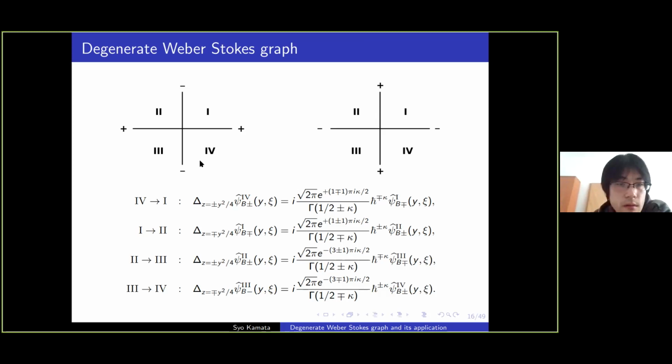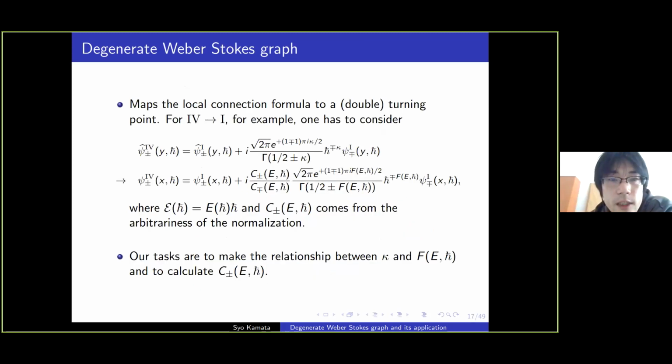Also, this psi minus has an exponentially growing term, and this psi plus is exponentially damping down. So plus and minus are flipped, and kappa also changes. So we could get a local connection formula.